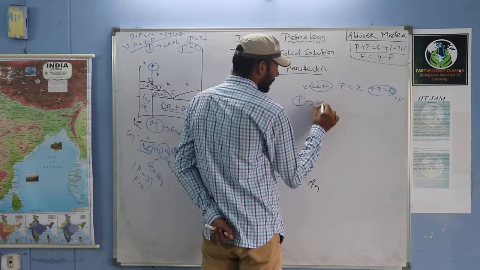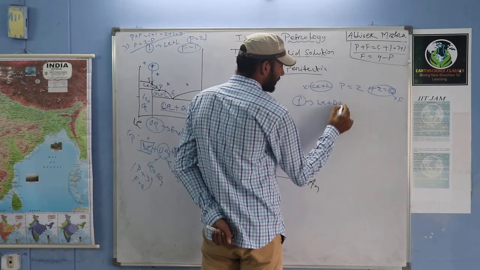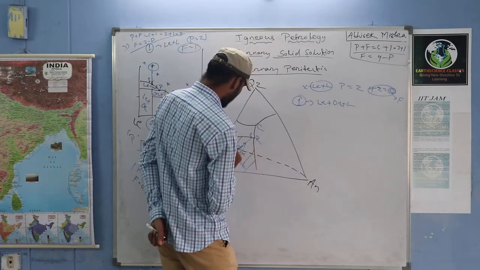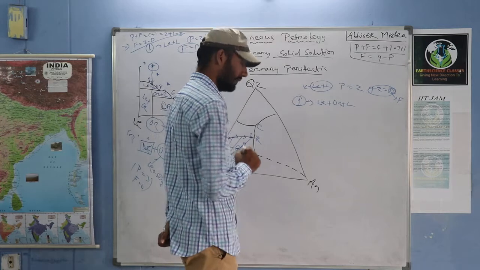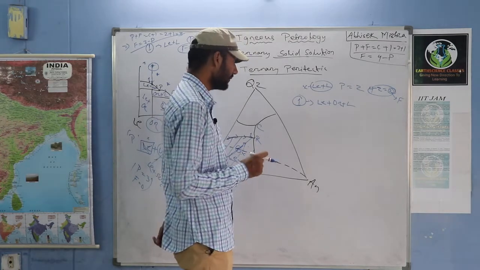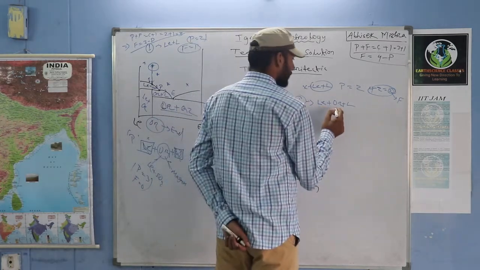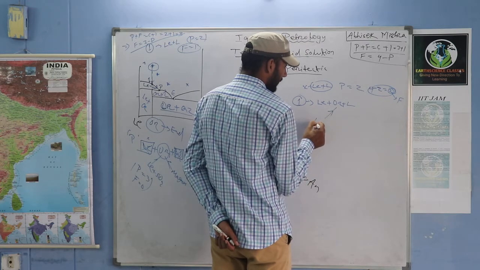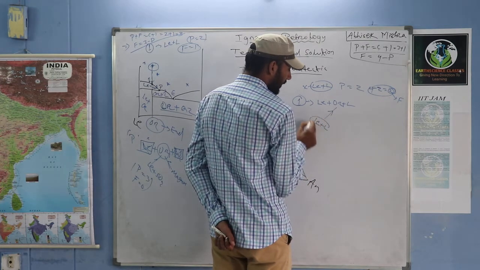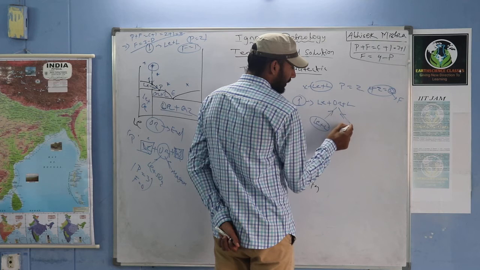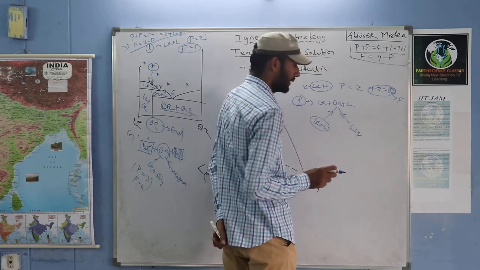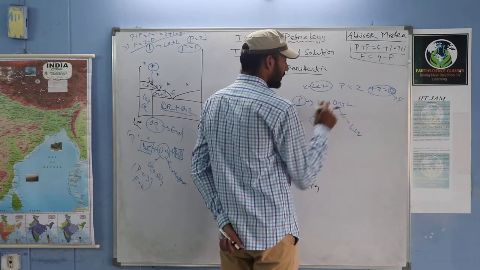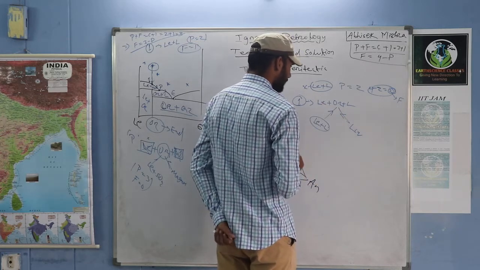You are getting leucite plus orthoclase plus liquid, because this is the reaction curve, right? On the reaction curve you are getting orthoclase due to what? Leucite plus liquid, and another method is directly from the liquid or magma, right? So there are two means of formation of orthoclase on the reaction curve.